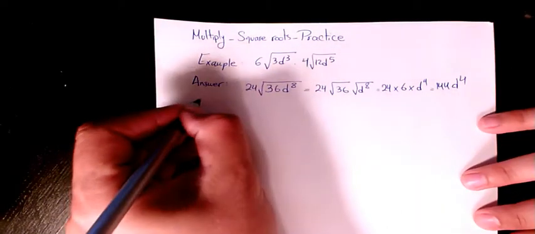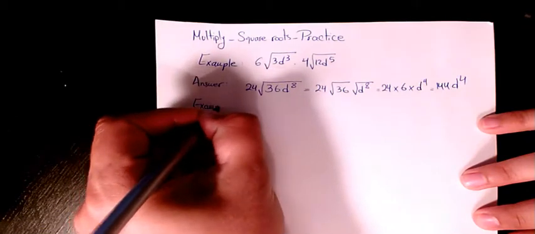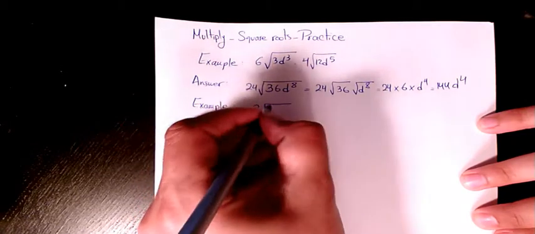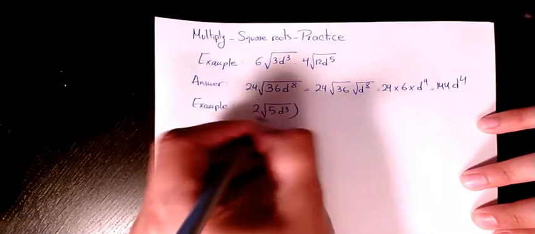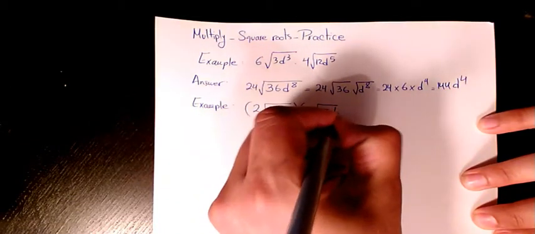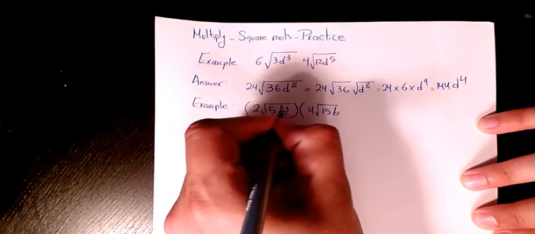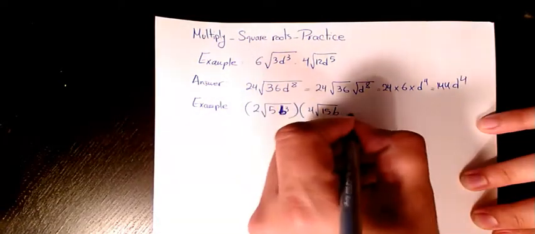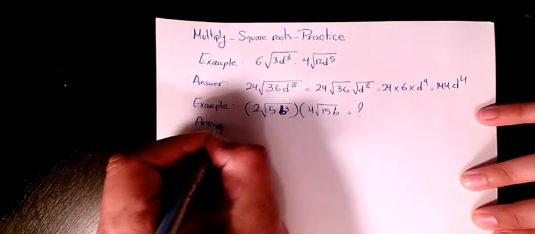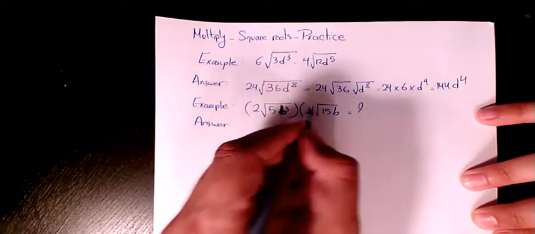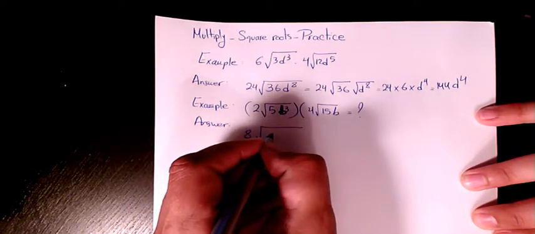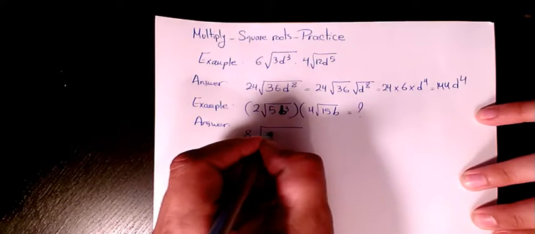Next example. 2 root 5d cubed times 4 root 15b. That's actually b, not d. The answer is 2 times 4 is 8, then square root of 5 times 15 is 75.